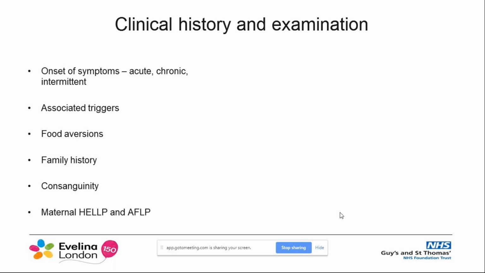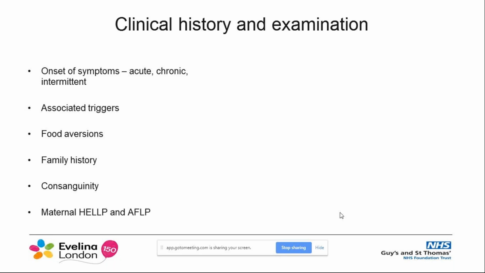So, clues in the history for metabolic conditions. Onset of symptoms is occasionally helpful, but a lot of conditions can be either acute, so an acute metabolic decompensation, fairly chronic and insidious and present later on, or intermittent episodes of decompensation. So it's quite broad, so that may not be that helpful.